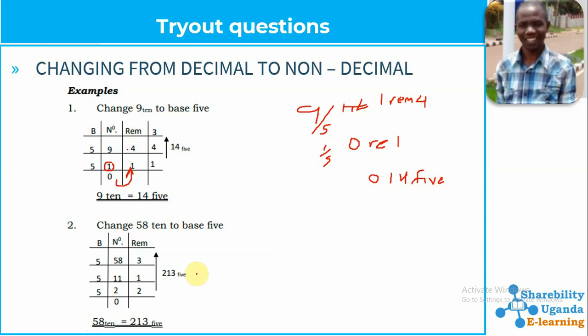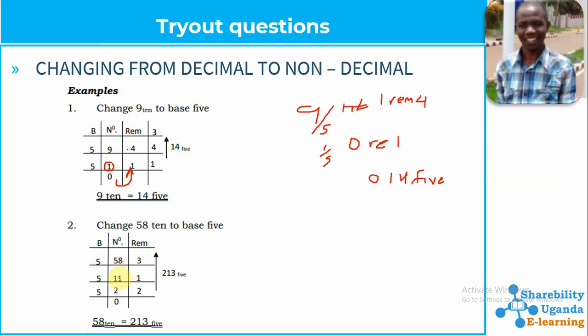The same thing applies when they say change 58 base 10 to base 5. We still use the same approach. 58 divided by 5, we get 11, and remainder 3.